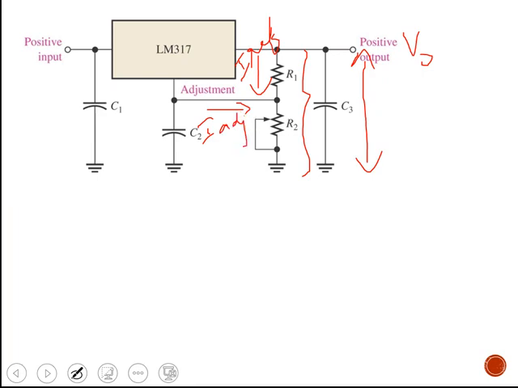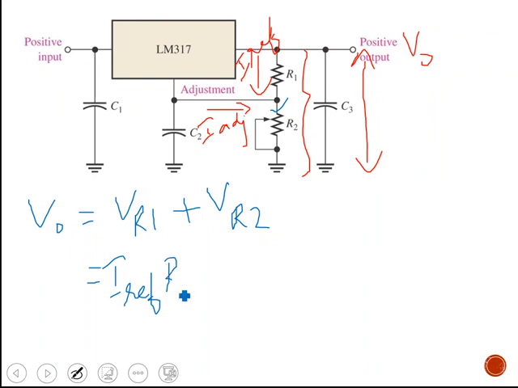The current through R2 is the sum of I adjust and I reference. So we can write V0 is equal to VR1 plus VR2, where VR1 can be written as I reference into R1, plus VR2 which can be written as I reference plus I adjust into R2.